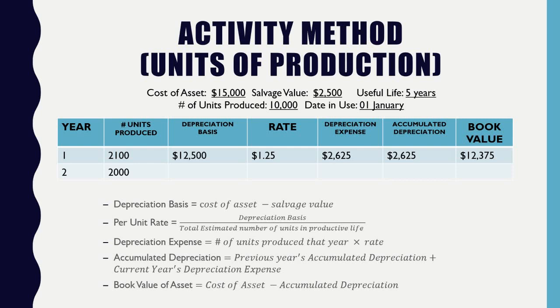The same. It's still going to be $1.25. Now this time, the difference is going to be my depreciation expense. Because I produced 2,000 units, and if it cost me $1.25 per unit, what is going to be my depreciation expense for year 2? 2,500.